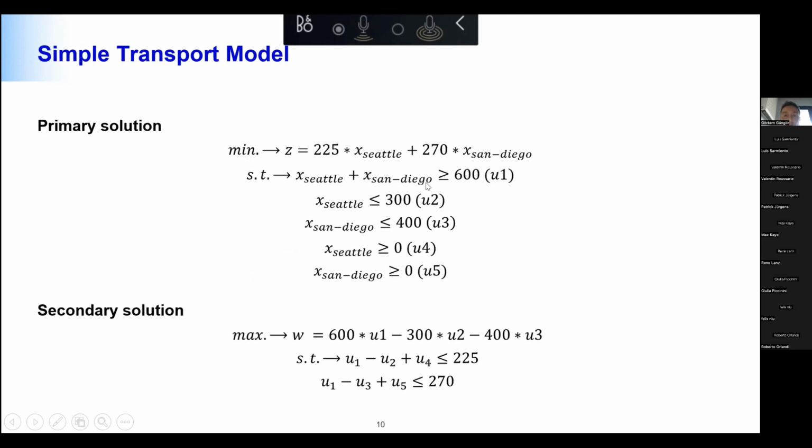Our main constraint is to supply the demand. We have to supply the demand from the New York market from our transportation from Seattle and San Diego markets.